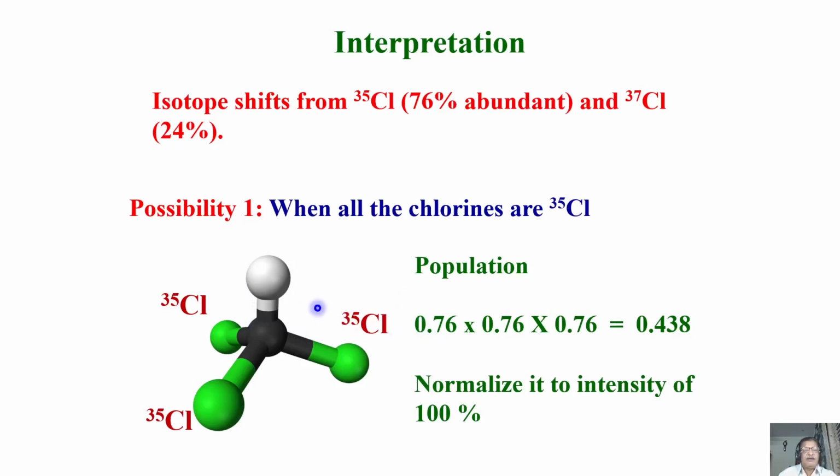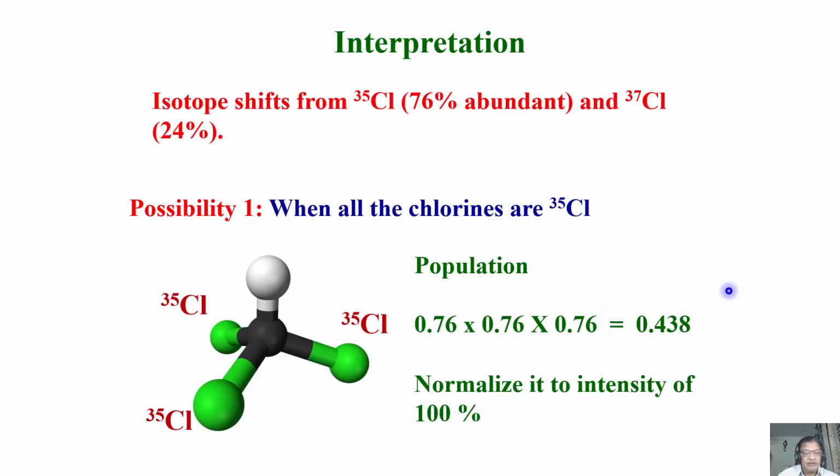Then what is the probability of population you can expect? In this case, all are 35, which is 76% abundant. I took 0.76 for this chlorine, 0.76 for this chlorine, and 0.76 for this chlorine. Multiplying all three, I get 0.438.